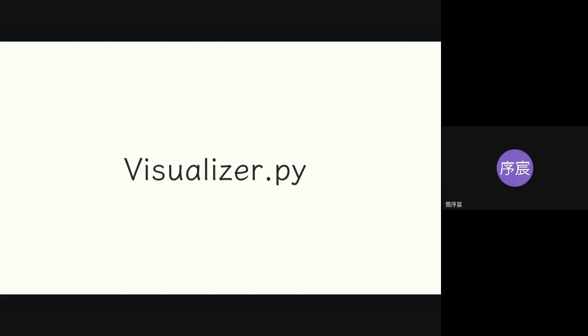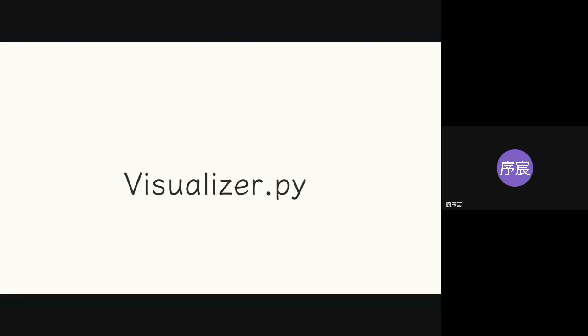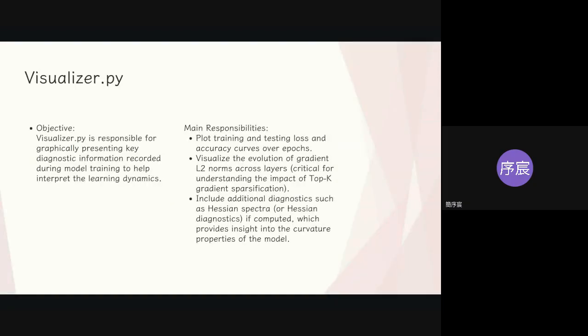The visualizer is meant to graph all the stuff, which includes plotting training and testing loss and accuracy curves over epochs, and also visualizing the evolution of gradient L2 norms across layers.